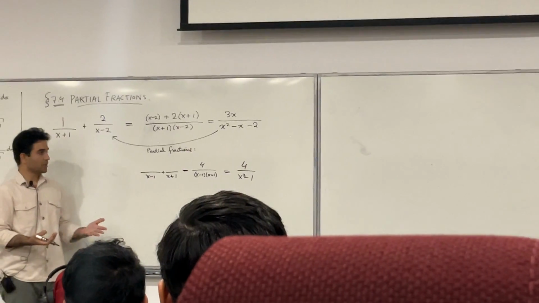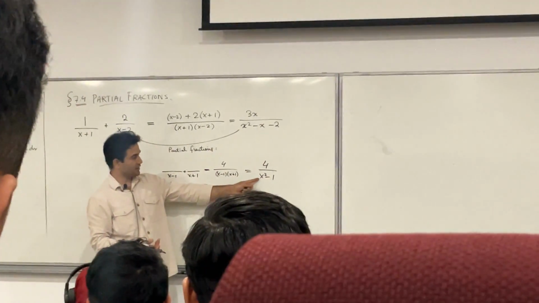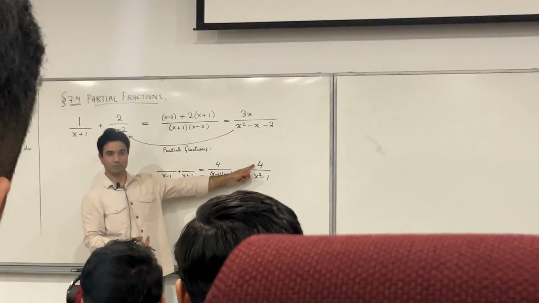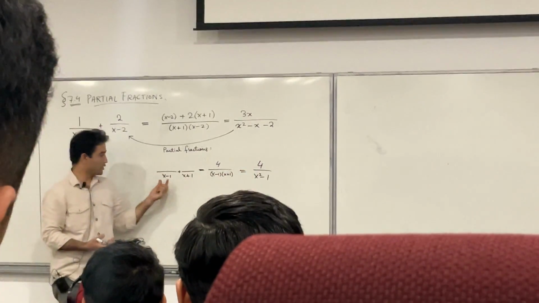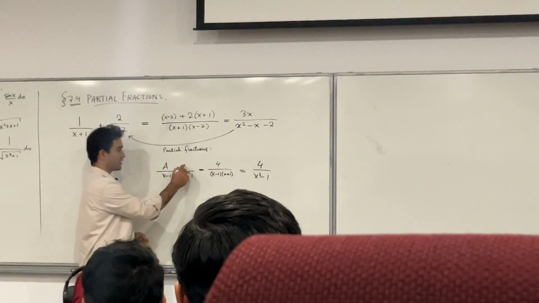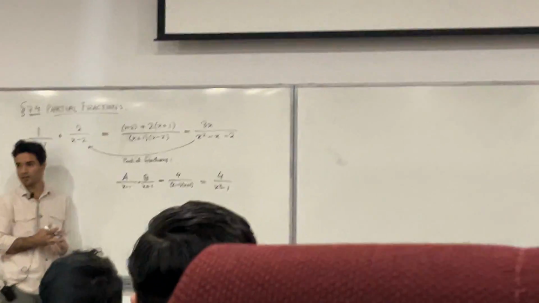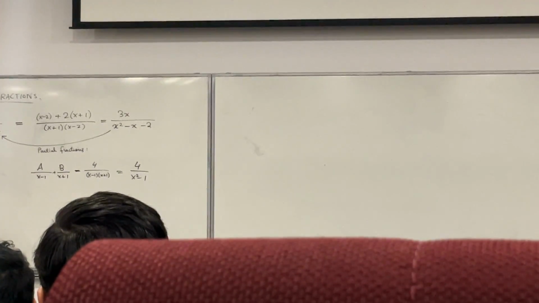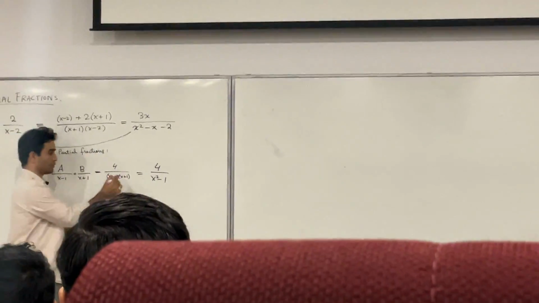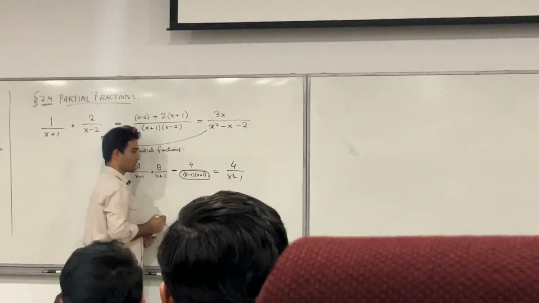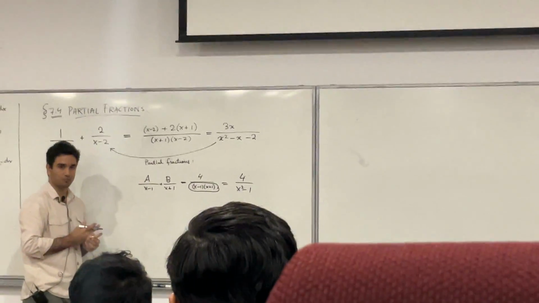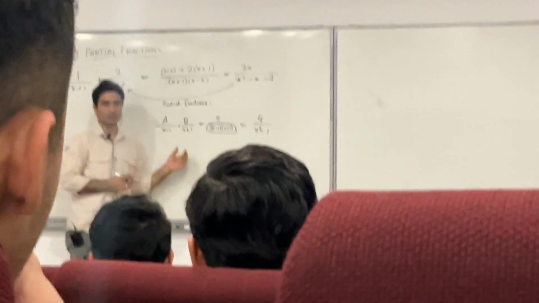And it turns out if the degree here is less than the degree here, if this is quadratic and that's linear or constant, then you can always choose constants a and b that make this happen. Then the question is, how do you figure out those constants? We just multiply the whole equation left to right by the original denominator.